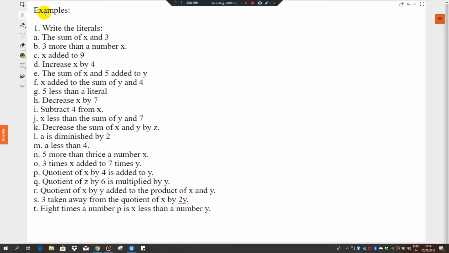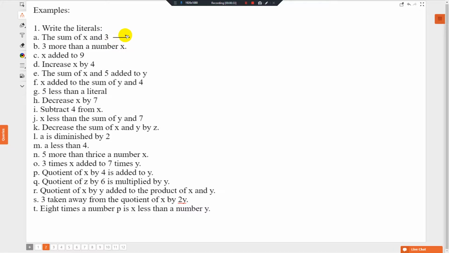Okay friends, now let's begin with examples. Let's begin with writing the literals. The sum of x and 3. So what will be the sum of x and 3? We have seen that the order doesn't change, right?